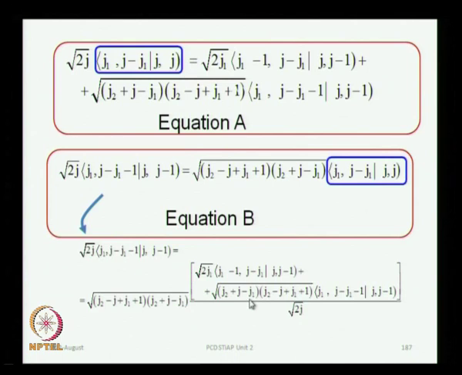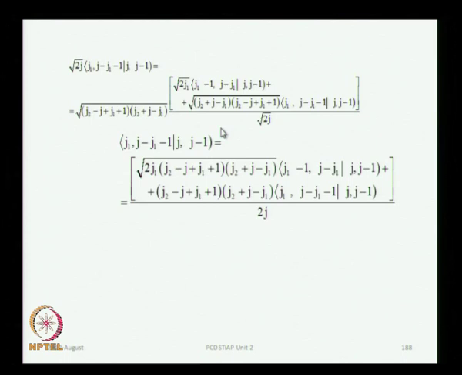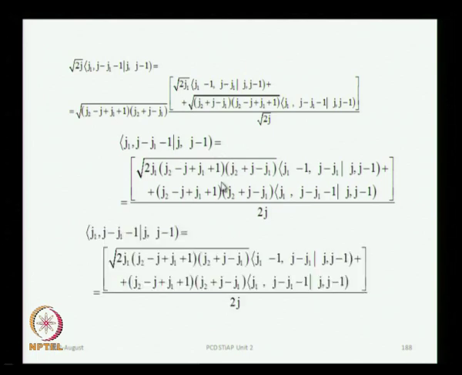Now that you have this result, and I write it for this coefficient. So, this square root of 2j I again move to the right hand side. So, this root 2j and this root 2j give me a 2j over here, and now this is the relationship that you get, right, and now you can simplify this for specific values of j1 and j2.